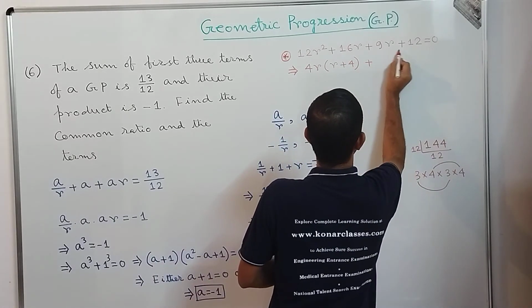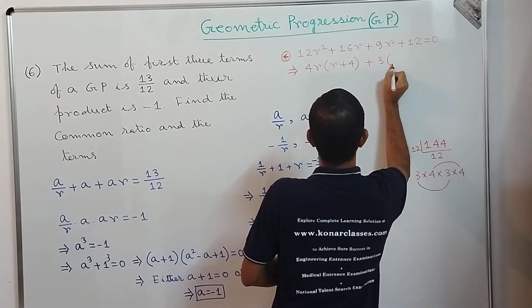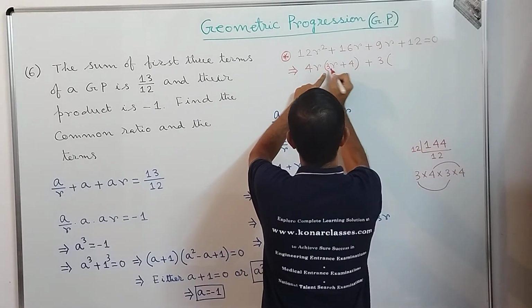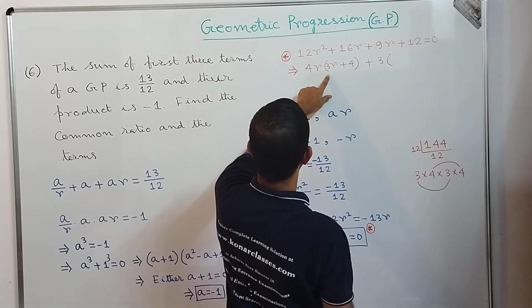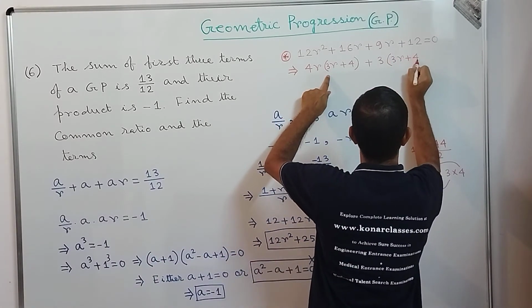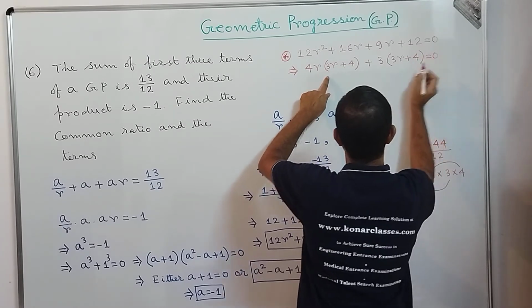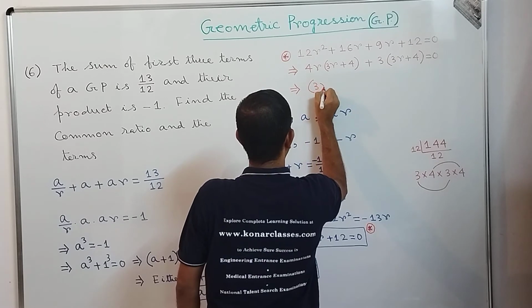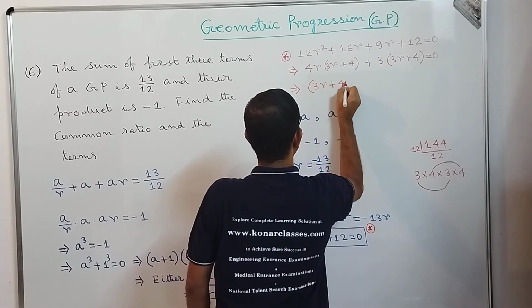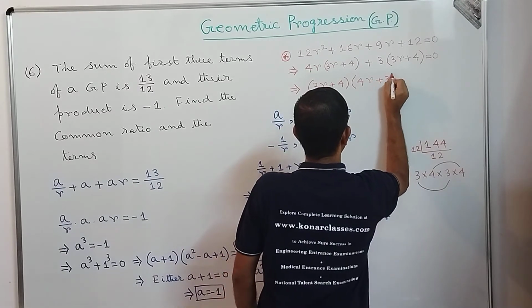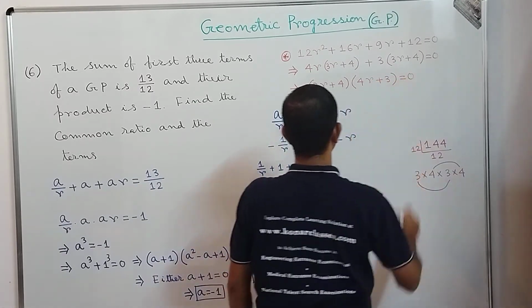And from the next two terms we can take 3 common, and here we get 3r plus 4 as well, equal to 0. Now from these two terms we can take 3r plus 4 common, and we get 4r plus 3, that is equal to 0.